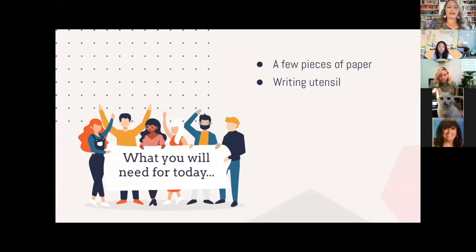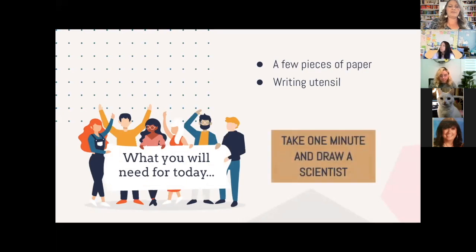And what we're going to do right now is I'm going to give you 1 minute, and I would like for you to please, on a piece of paper, and if you still need to get paper and a pencil, go ahead and do that, I'm going to give you 1 minute to draw a scientist. Okay, so go ahead and take 1 minute and draw a scientist.